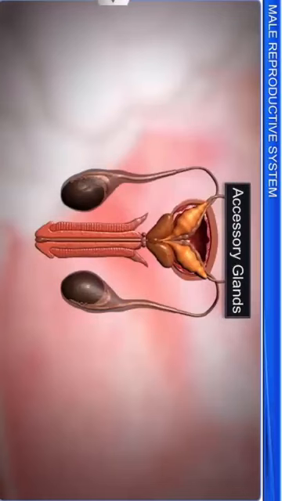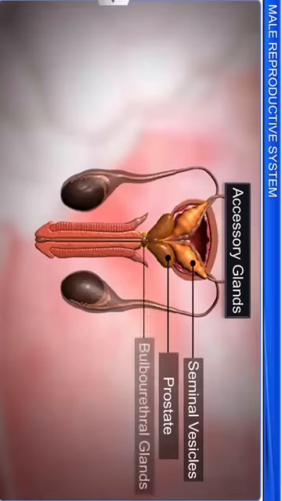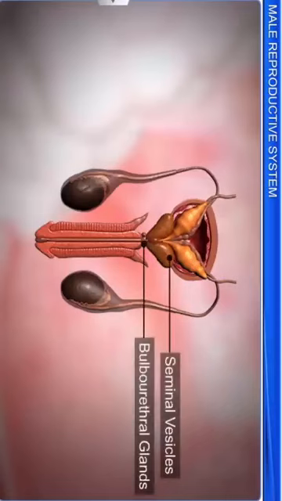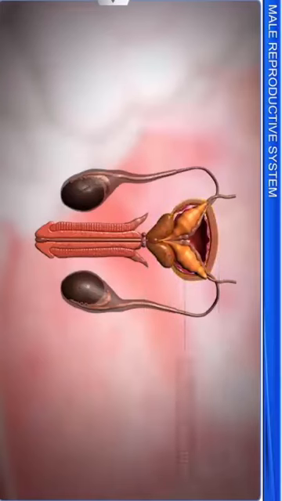The male accessory glands include a pair of seminal vesicles, a prostate, and a pair of bulbourethral glands. They secrete seminal fluid that contains fructose and prostaglandins. The prostate gland is present at the base of the urinary bladder around the base of the seminal vesicle.